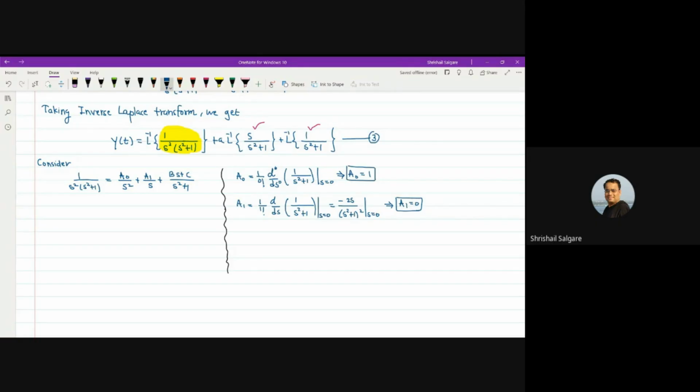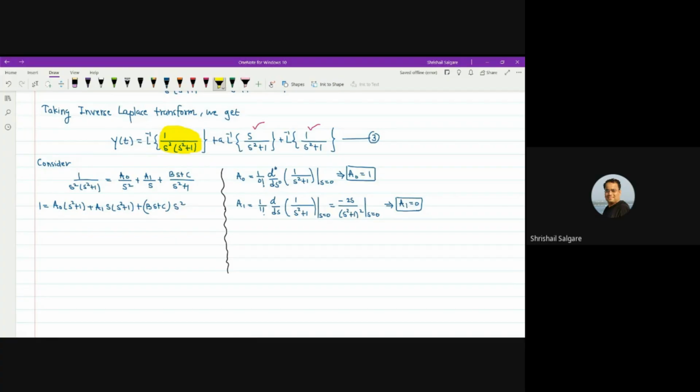Now for the remaining, I will take the cross multiplication. Now to the left side we write 1 is equal to a naught multiplied by s square plus 1, plus a1 multiplied by s into s square plus 1, plus bs plus c multiplied by s square.